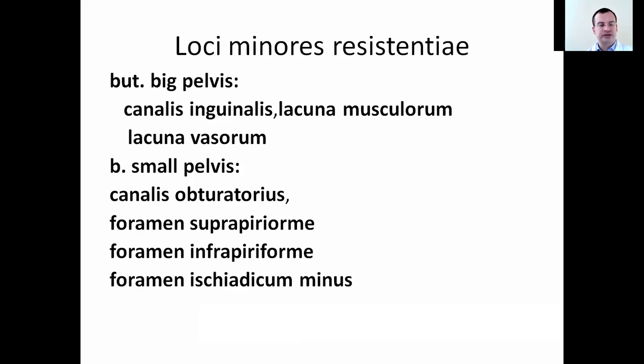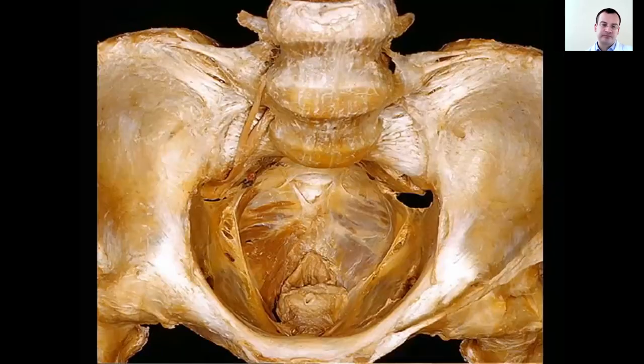In the small pelvis: canalis obturatorius, foramen suprapiriforme, foramen infrapiriforme, and foramen ischiadicum minus.